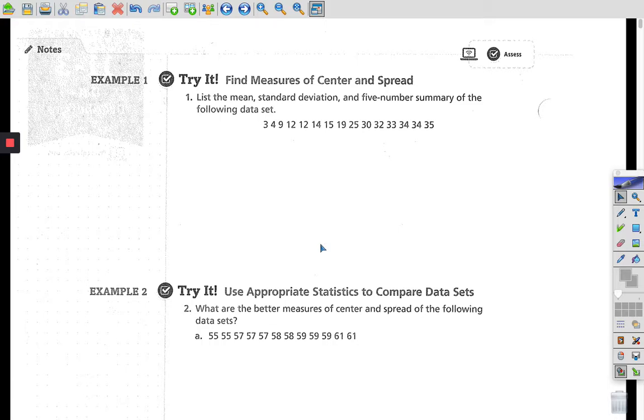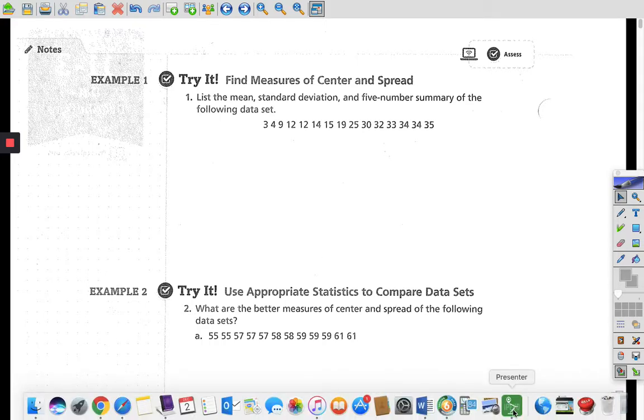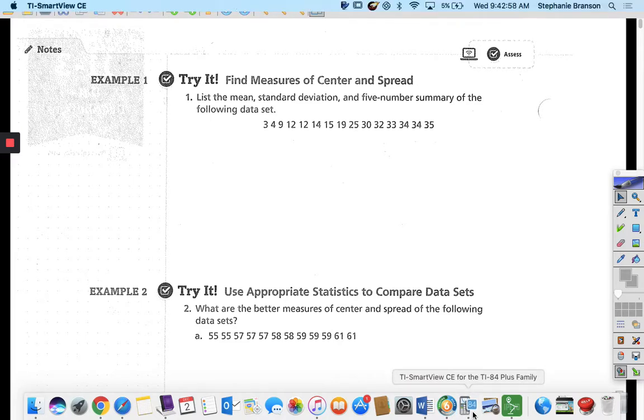And in the book, they tell us how to do it by hand and things like that. But I found it much easier for me, and I think it'll be much easier for you if we just put it in the calculator. So currently, I get out my calculator.